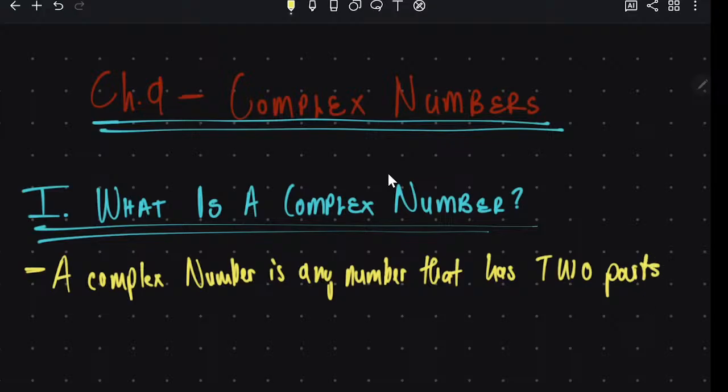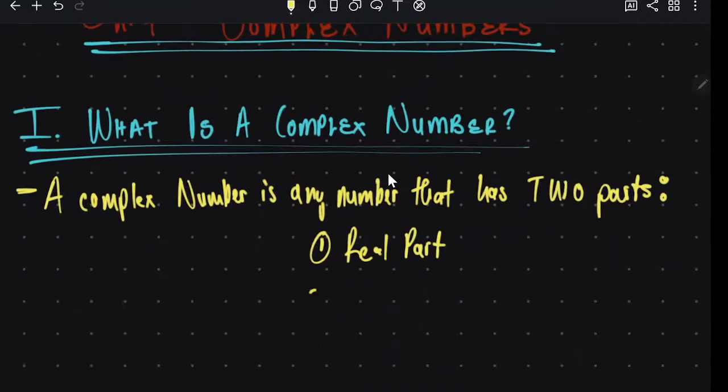One, a real part. When we say the real part, we are saying a normal number that we can have. Then two is an imaginary part.